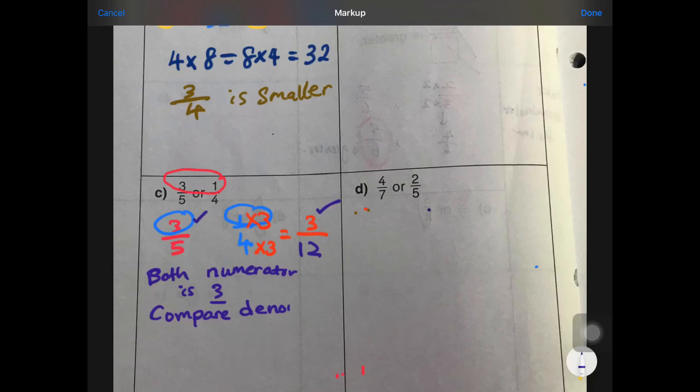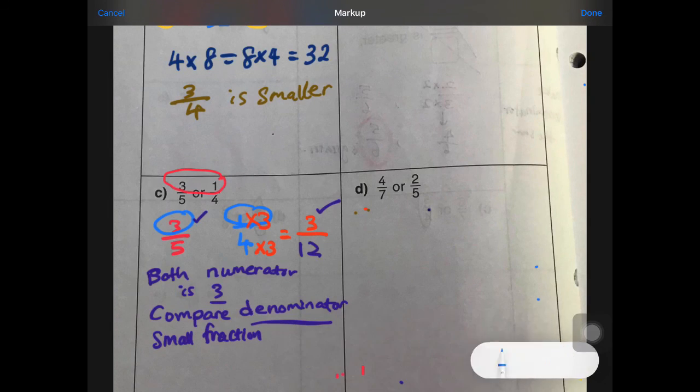So now you compare the denominator. So you're asking for the smaller fraction, right? So comparing the denominator, is it the same as small fraction, small number? No. So you want a small fraction, write it down. Very important, you need a big denominator.